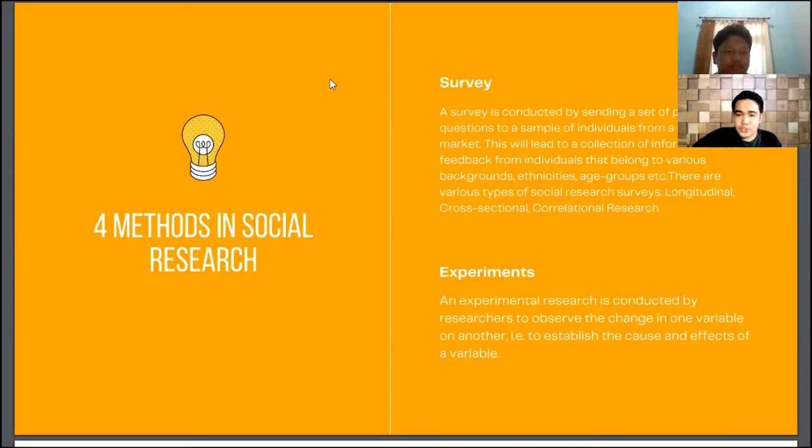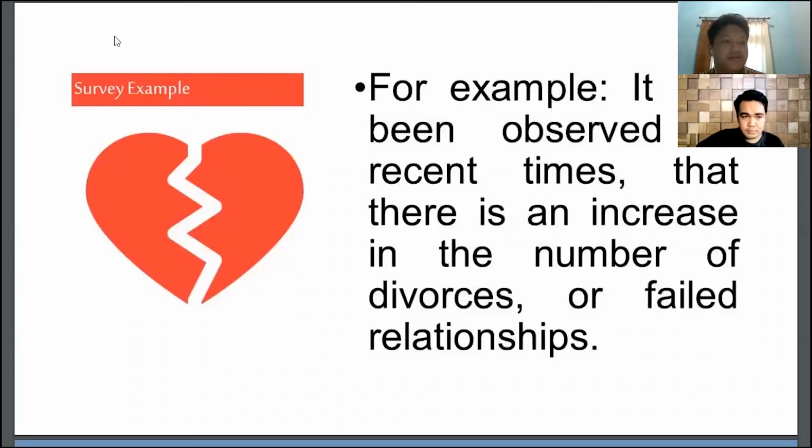And we're moving to the example of the survey, which will be explained by Rizky. So let's move on to the example of survey. For example, it has been observed in recent times that there is an increase in the number of divorces or failed relationships. The number of couples visiting marriage counselors or psychiatrists is increasing. Sometimes it gets tricky to understand what is the cause for a relationship falling apart.